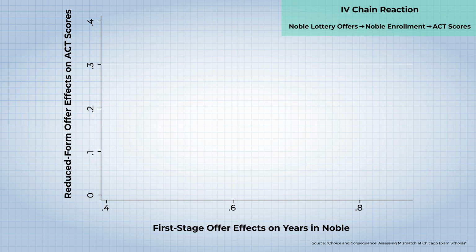This is the Noble first stage for an IV setup that uses a dummy indicating Noble lottery offers as an instrument for Noble enrollment. Now this graphic has a feature that distinguishes it from the simpler KIPP analysis. The plot shows first stage effects for two groups, one for Noble applicants who live in Chicago's lowest income neighborhoods, Tier 1, and one for Noble applicants who live in higher income areas, Tier 3. Remember the IV chain reaction?